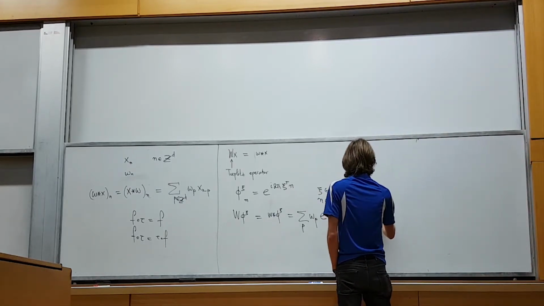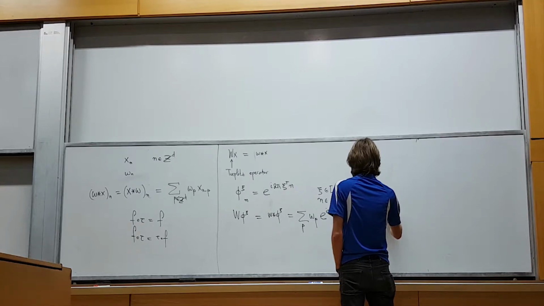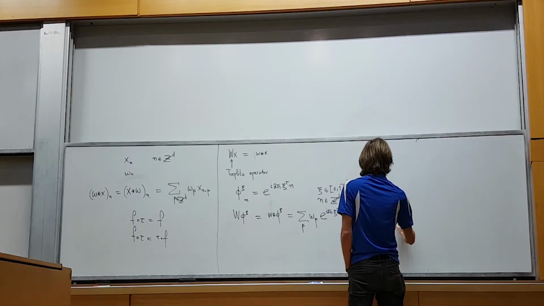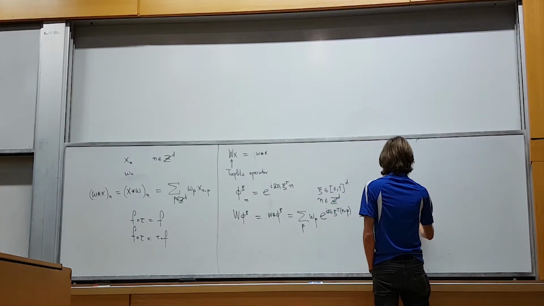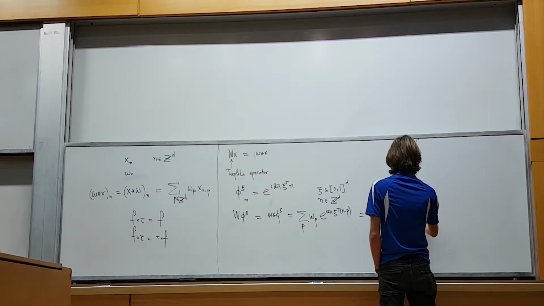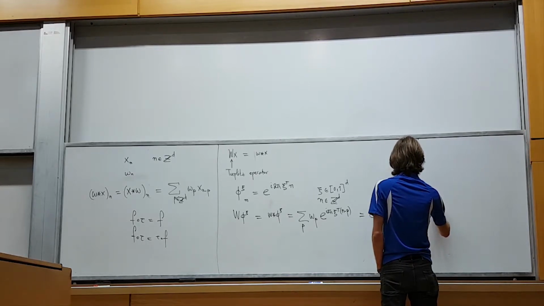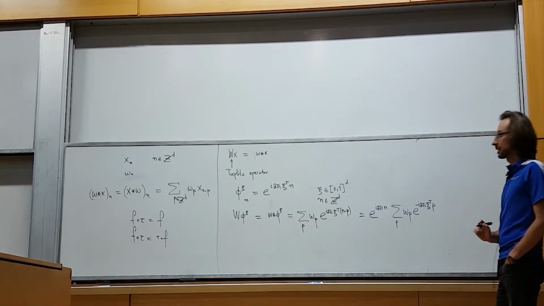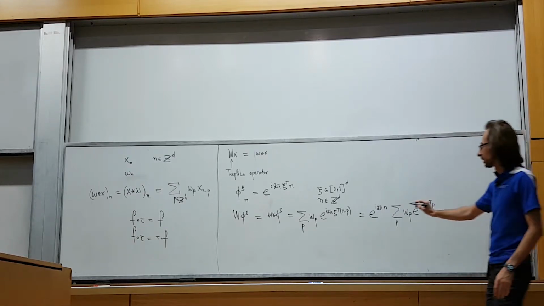We have e to the power i 2 pi psi transpose n, times the sum over p of w_p e to the power minus i 2 pi psi transpose p.